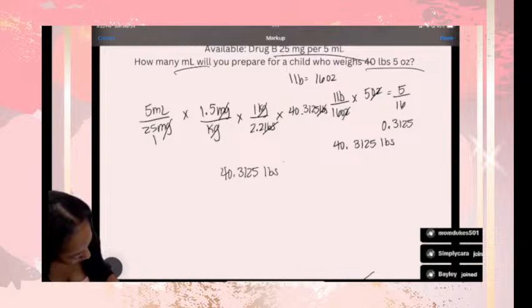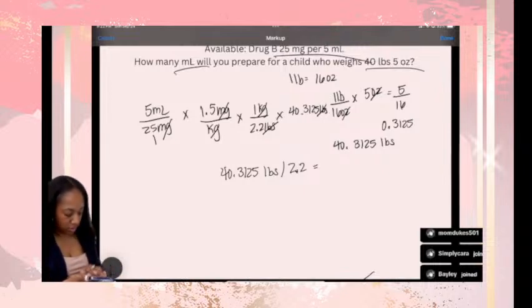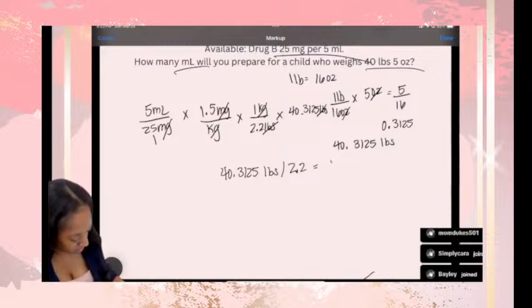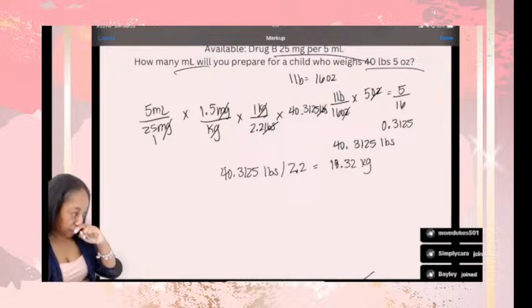Alright, so 40.3125 pounds divided by 2.2. That's going to give us our kilograms. 40.3125 divided by 2.2 is 18.32 kilograms, okay?